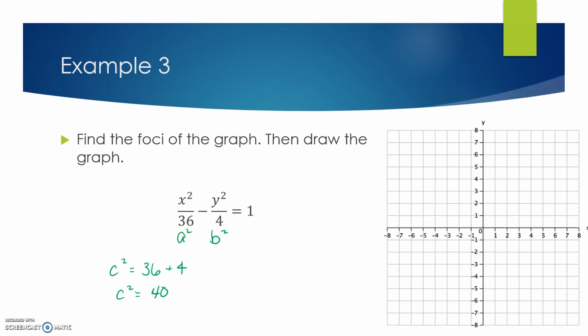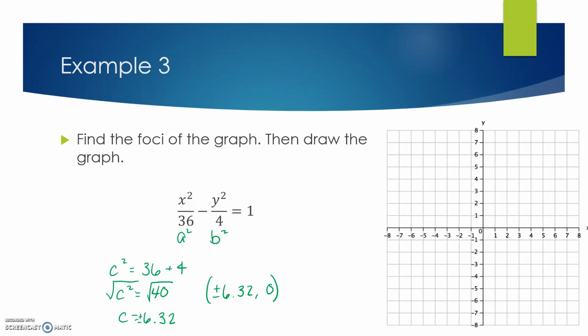And then, if I want to simplify that even further, I find the square root of 40, which is approximately plus or minus 6.32. So the foci would be, because it's in the x-coordinate, plus or minus 6.32, comma 0.